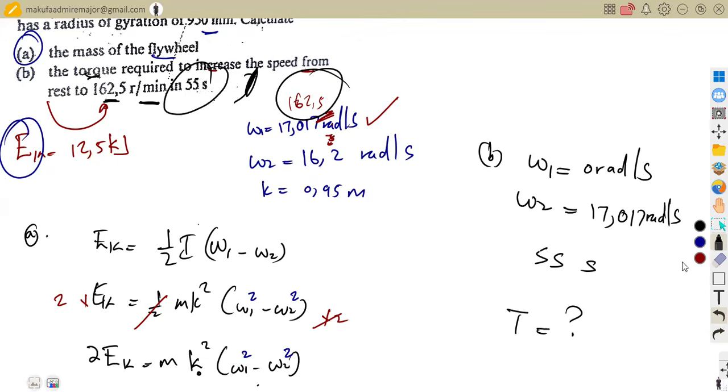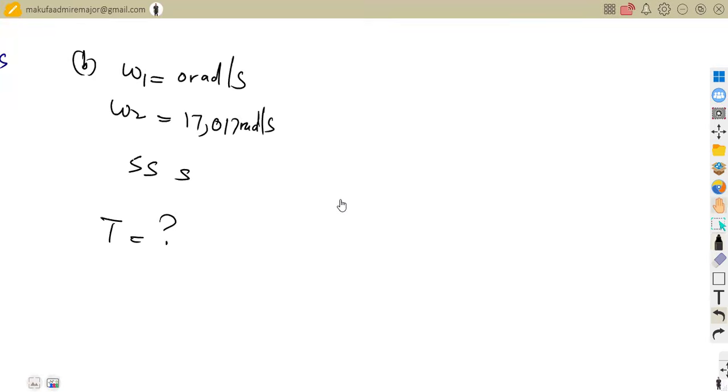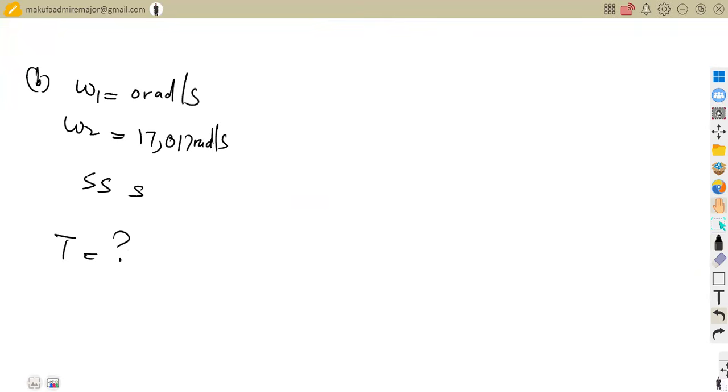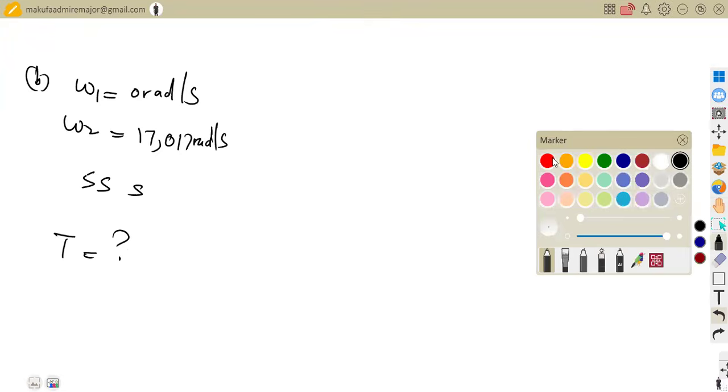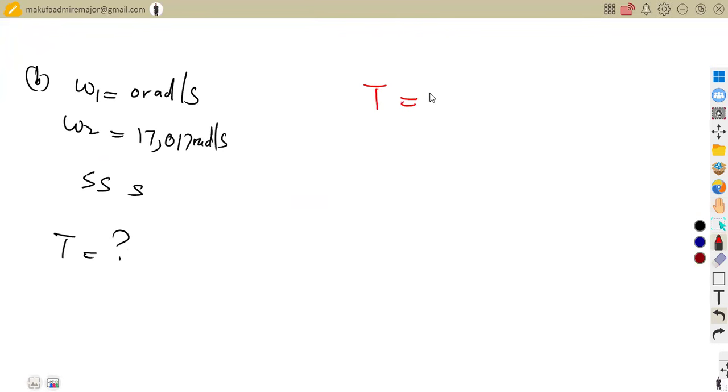All right, we had a formula for torque also. I think I mentioned this formula, that the torque is equal to the moment of inertia times the angular acceleration. There's nothing that we are dividing here.